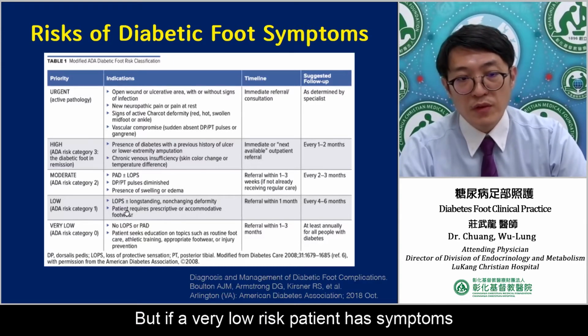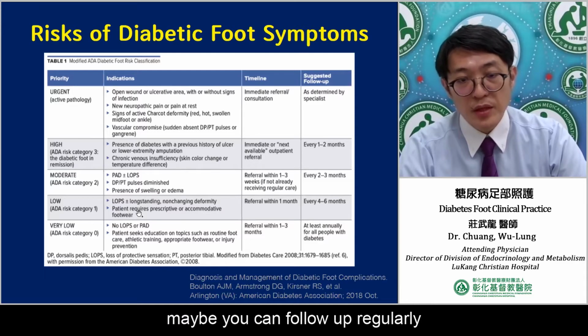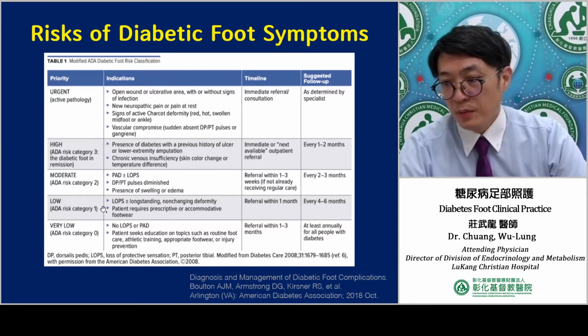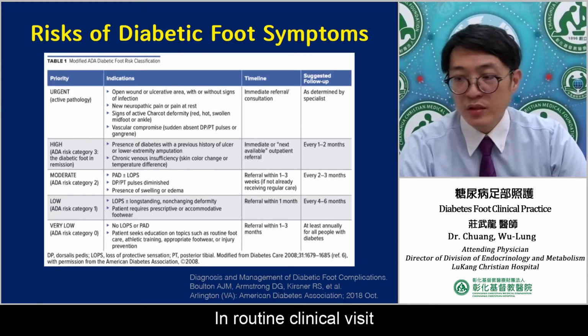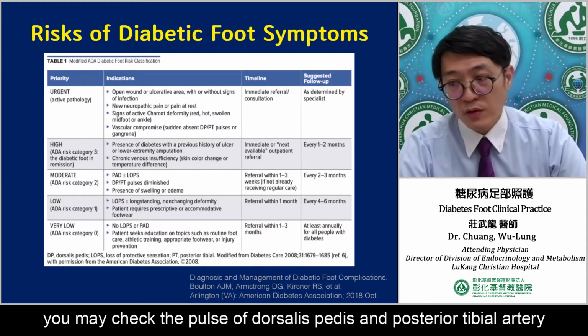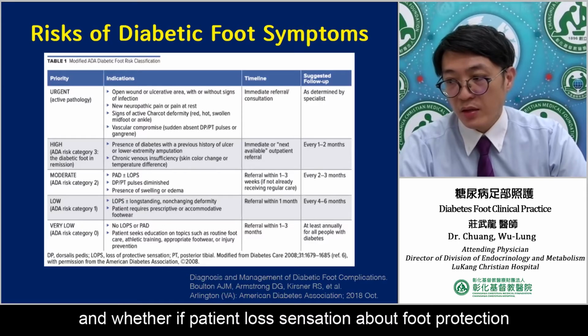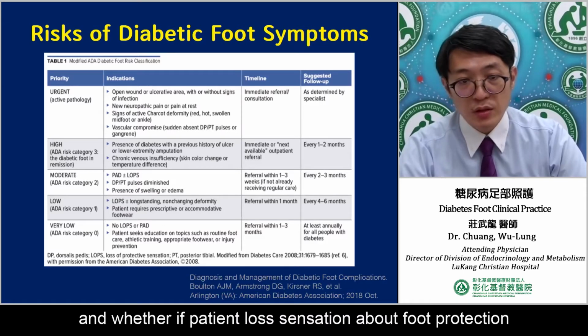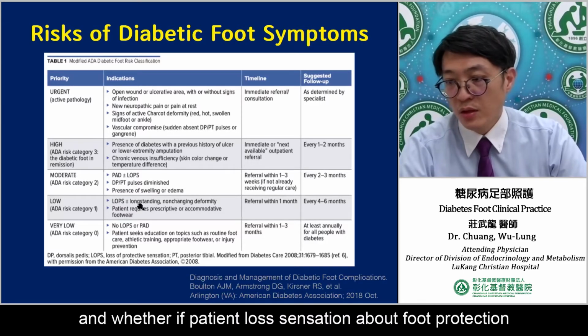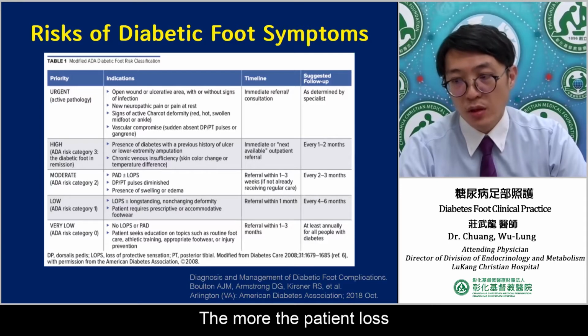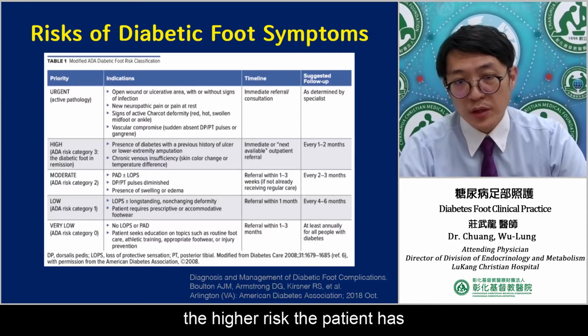But for a very low risk patient, maybe you can follow up regularly. In a routine clinical visit, you may check the pulse of the dorsalis pedis and posterior tibial artery, and whether the patient has loss of sensation for foot protection. The more the patient has lost, the higher the risk.